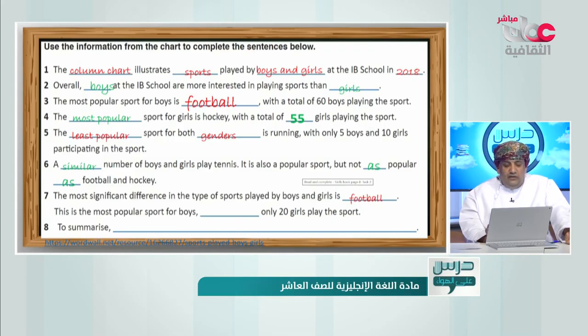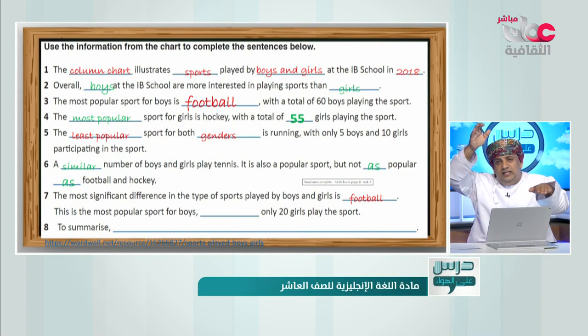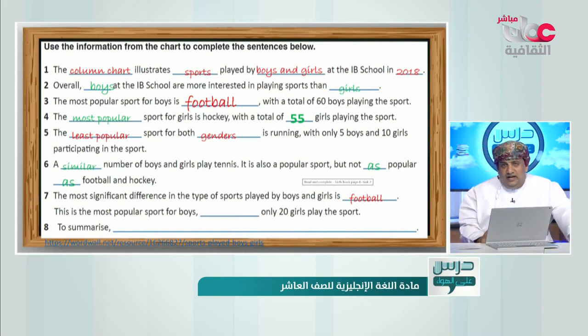Yes, it is football, because we look, 60 with 20. 60 boys and 20 girls played this game. The most popular sport for boys, but only 20 girls played the sport. To summarize, we can say some sports are more popular for boys than girls.